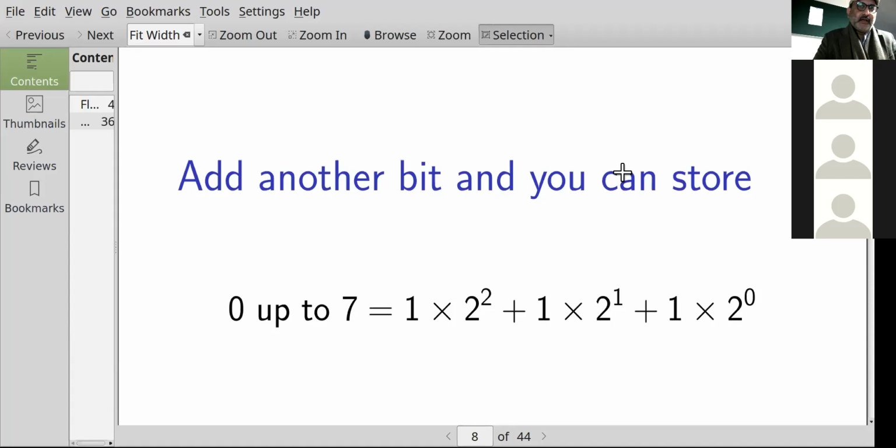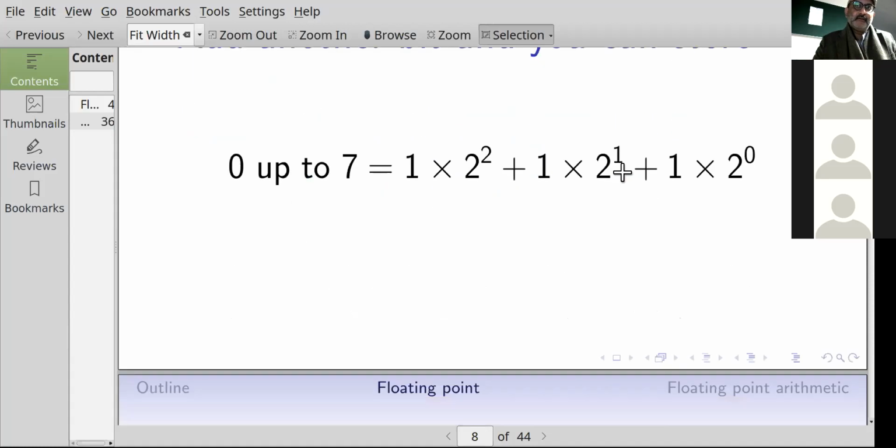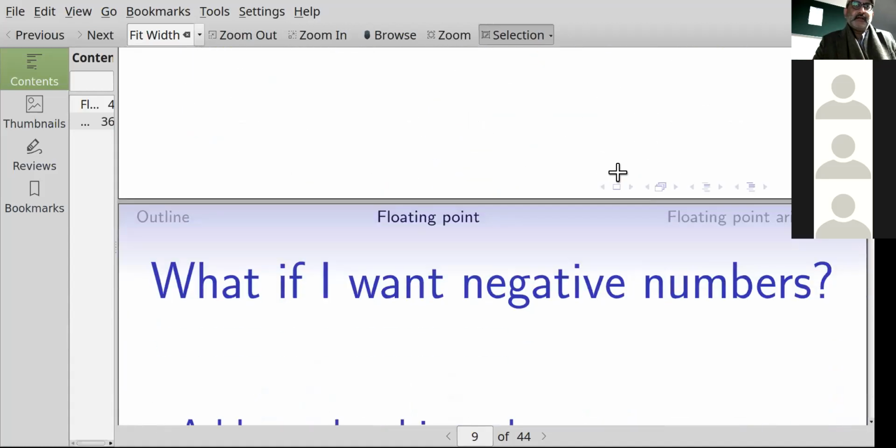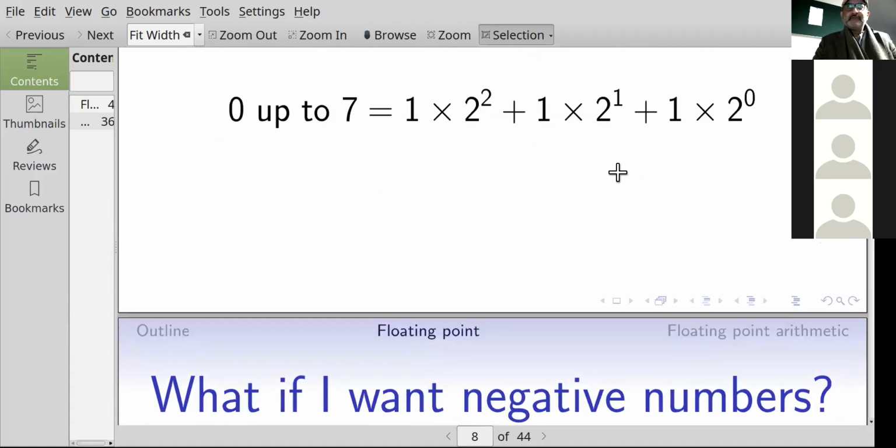The first bit represents the coefficient of 2 to the 0. The second bit represents the coefficient of 2 to the 1. The third bit represents the coefficient of 2 to the 2. So I can store up to 7, which is 1 times 2 to the 2, plus 1 times 2 to the 1, plus 1 times 2 to the 0. Okay, so I can store up to 7. All right. Now, what if I want negative numbers?